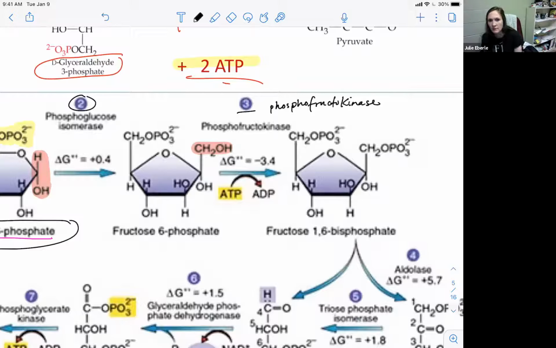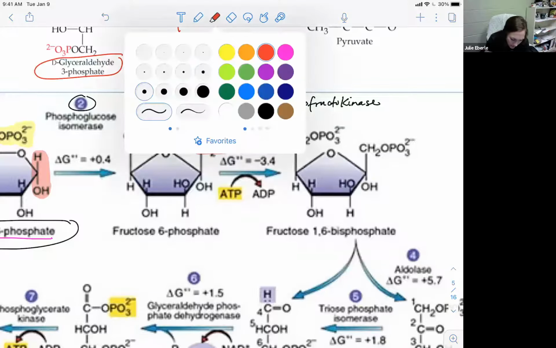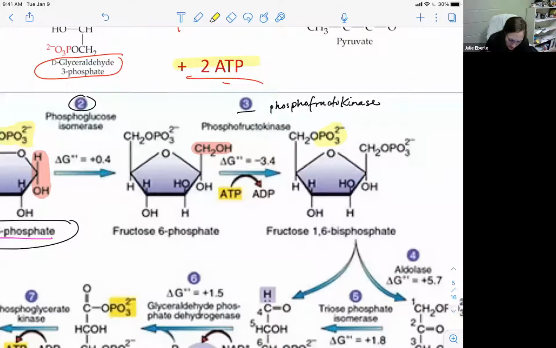Phosphofructokinase, in case you can't read it on my screen. Remember, the word kinase is a kind of enzyme that catalyzes specifically phosphorylation. So we're just going to phosphorylate carbon 1, that carbon that we just bent up in step 2 and is now sticking up above the ring. Now we're going to phosphorylate it. So now we have the original phosphate group on carbon 6, plus this new phosphate group on carbon 1.